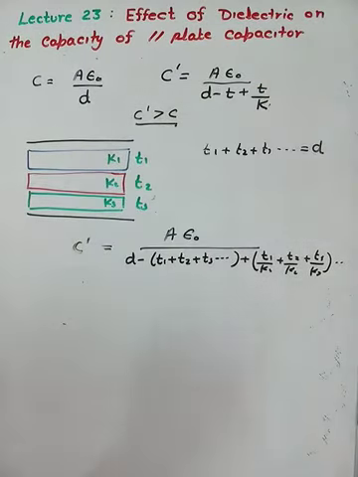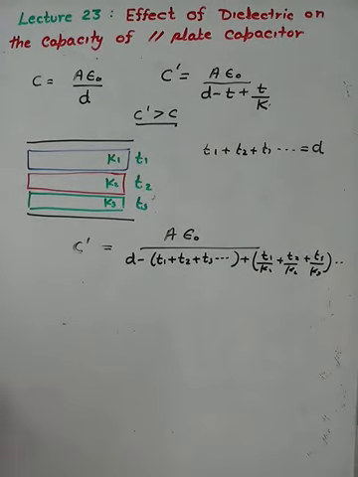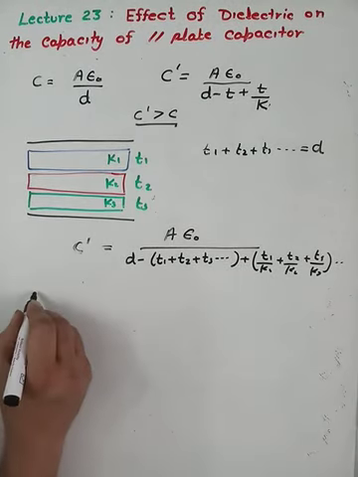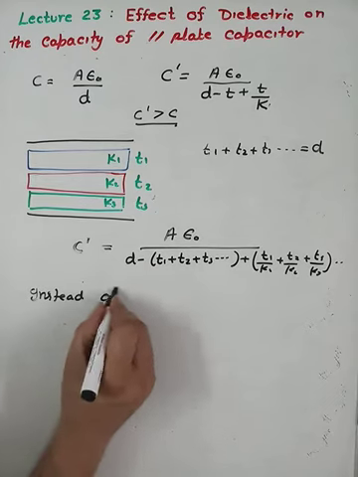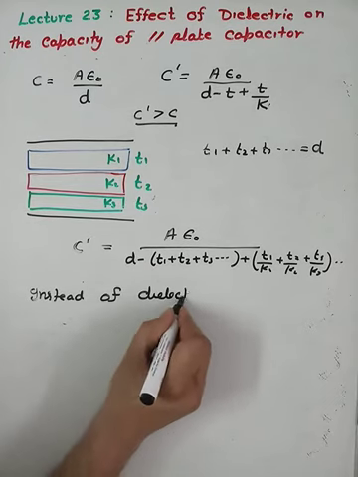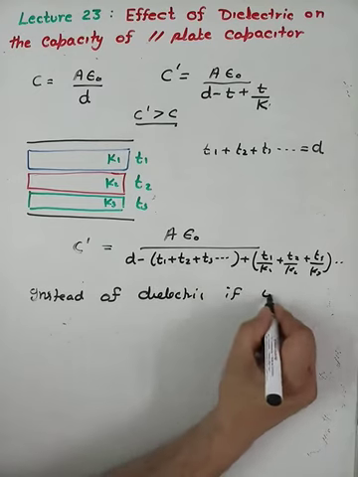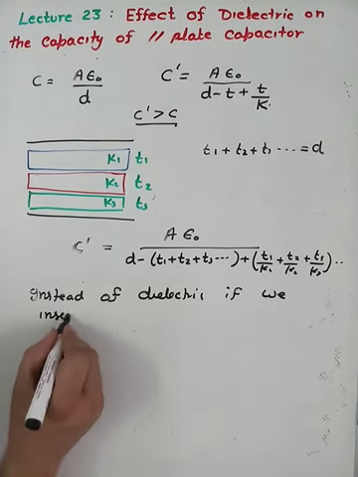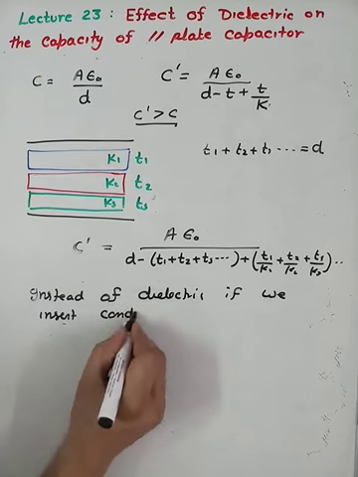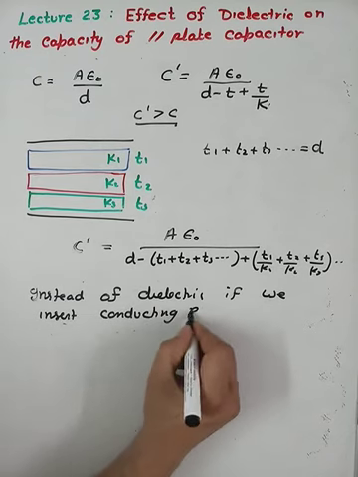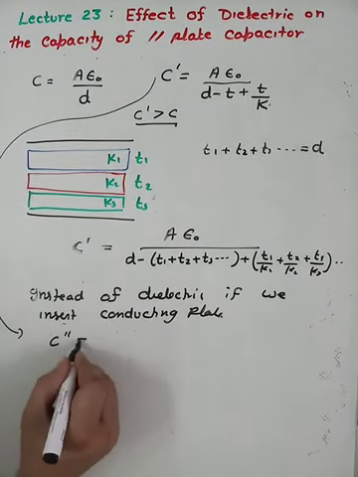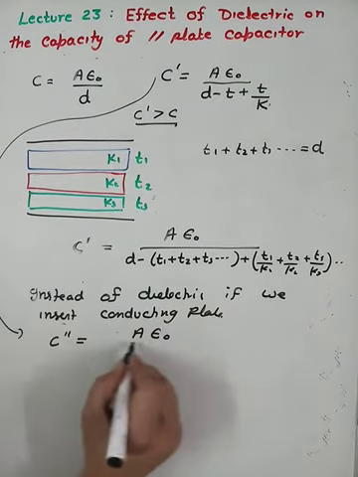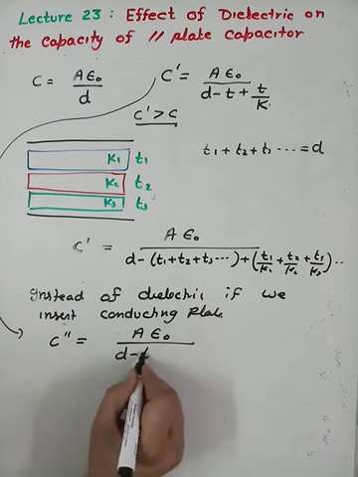Now in this formula, if we insert a conducting plate instead of a dielectric, what will happen? For the conducting plate, C double dash becomes A epsilon naught upon (d minus t).